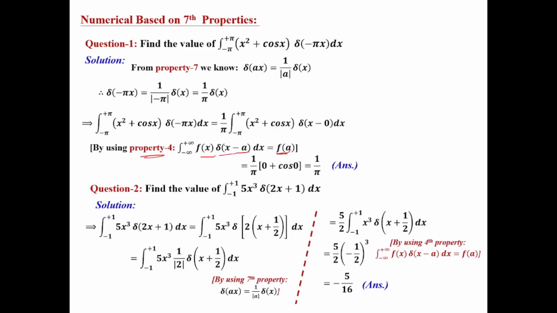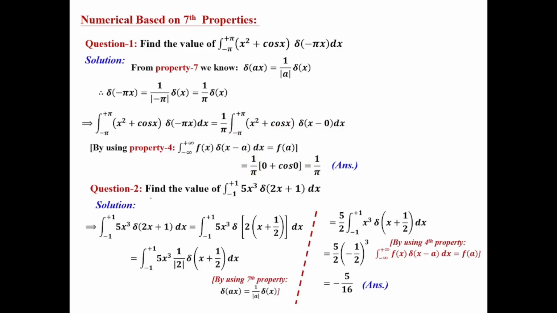Comparing this integral with that one, here a is 0 and f(x) is x square plus cos x. So instead of x we put 0, with 1 by pi outside. Putting 0 for x, x square is 0, and cos 0 is 1. So finally the answer will be 1 by pi.